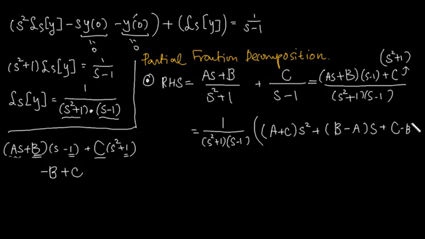That's the constant term. So if you expand this numerator, it's a quadratic expression like this, and we want it to be identically equal to the numerator 1. So what's the choice? We have to set this one equal to 0, that one equal to 0, and that one equal to 1.